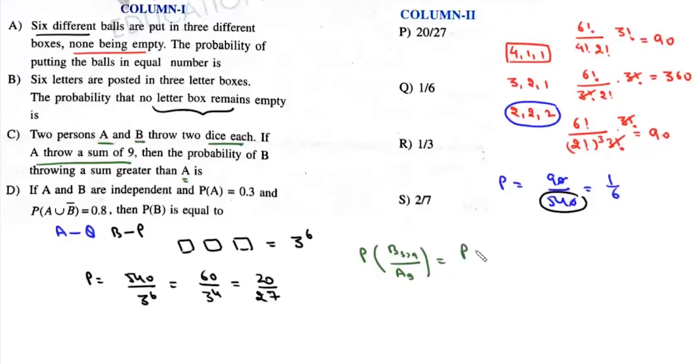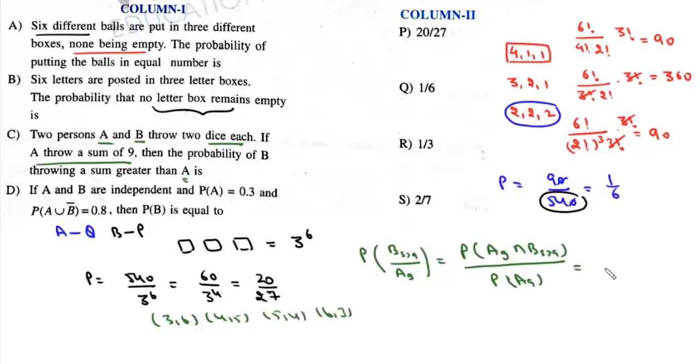This probability is the probability of A throwing 9 and B throwing sum greater than 9, divided by the probability of A throwing 9. Now we'll get 9 in a throw of 2 dice if we have 3, 6, 4, 5, 5, 4 and 6, 3. So the required probability of A throwing 9 will be simply 4 by 36.